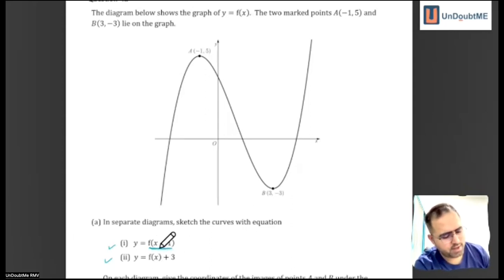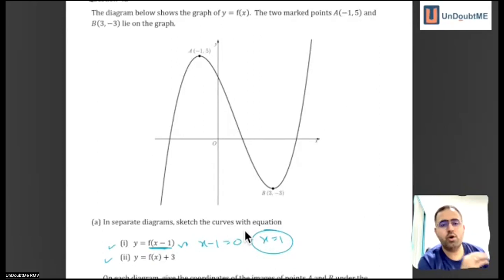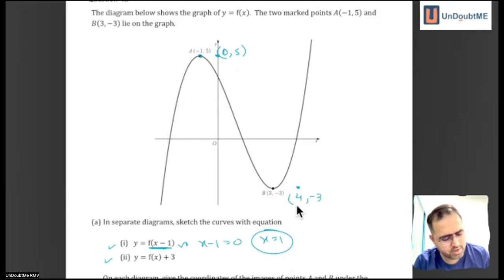If it is f(x minus 1), then I will solve it. x minus 1 is equal to 0, x is equal to 1. It means that all x values are shifted by 1 unit to the right. So this minus 1 comma 5 will become 0 comma 5, and this 3 comma minus 3 will become 4 comma minus 3.